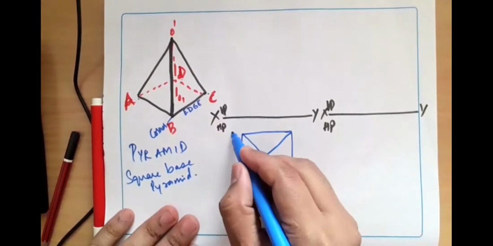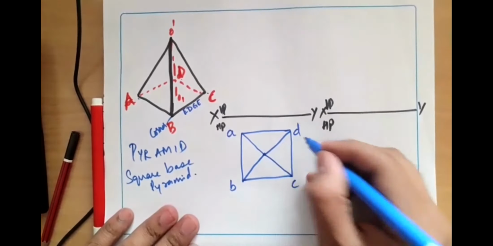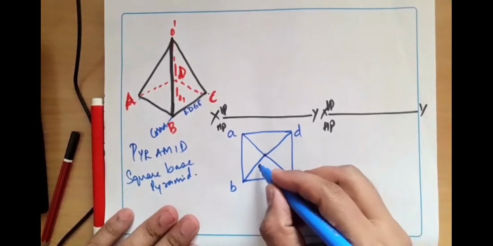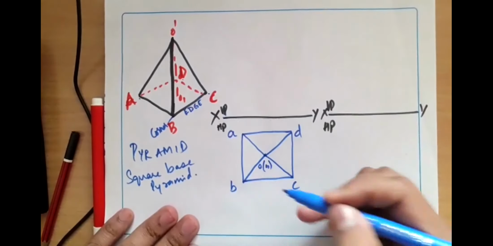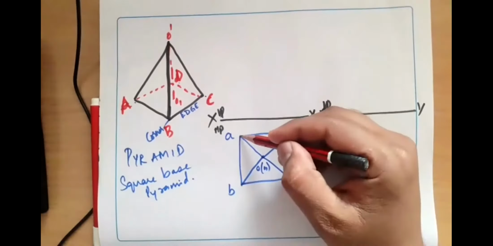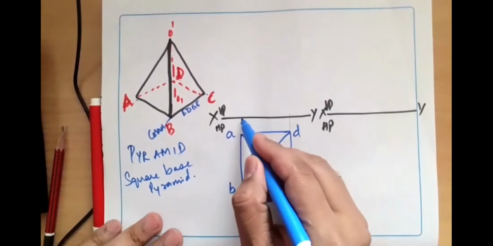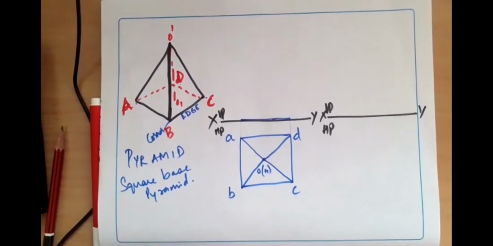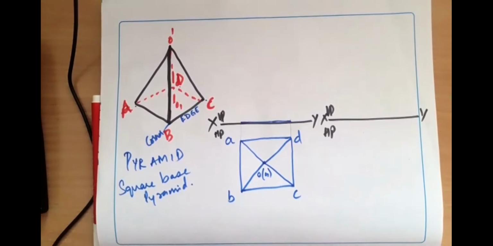So naming, I'll name this as A, B, C, and D, and O dash and O1 also I'm going to represent here. I'll draw some thin lines and represent the front view. What will be the front view? Triangle. Front view will be a triangle.